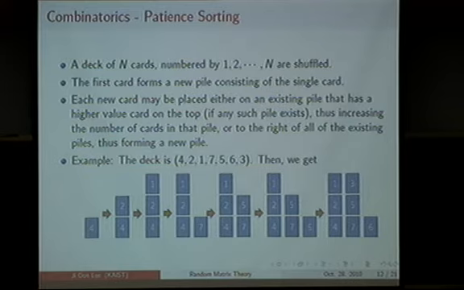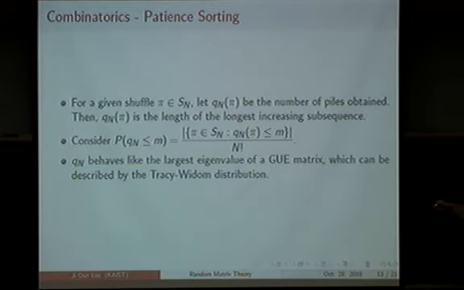So if you consider the distribution of the number of piles in this kind of game, and consider all this Qn, where Qn is the length of the longest increasing subsequence, or the number of piles obtained from this pi, where pi is just a shuffle, then we can consider the distribution of Qn.